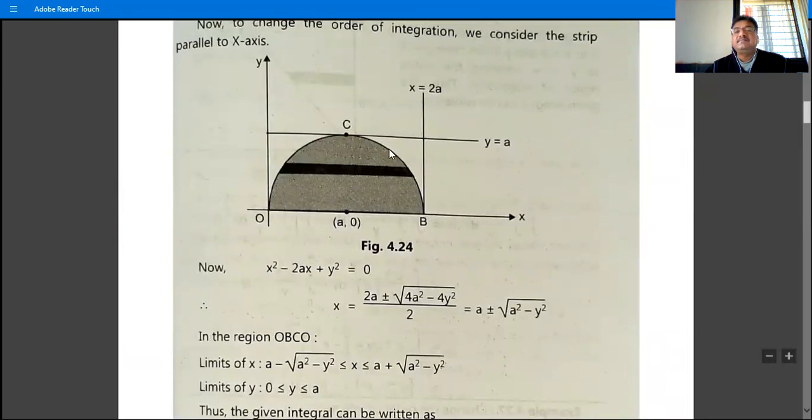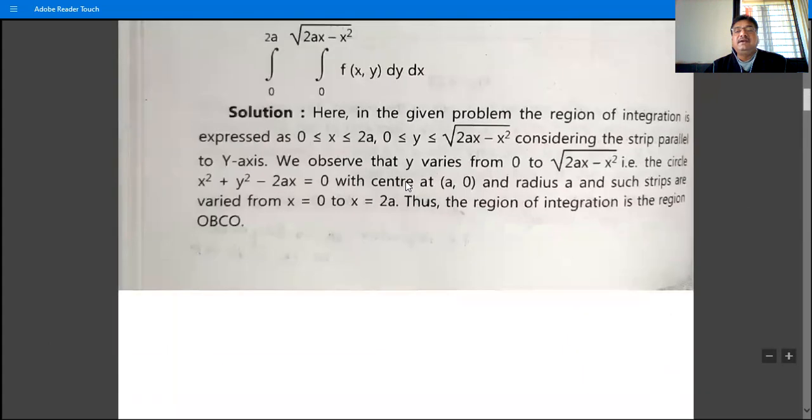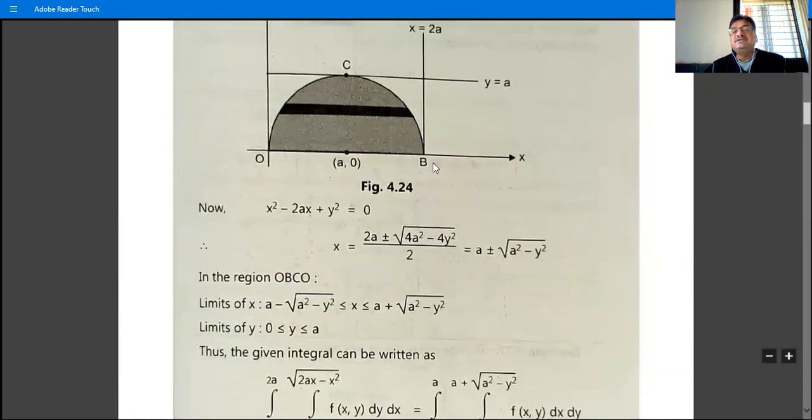Okay. So the diagram of this is what? This is the diagram: the circle having radius a and center (a, 0). And y is equal to 0 means the x-axis.